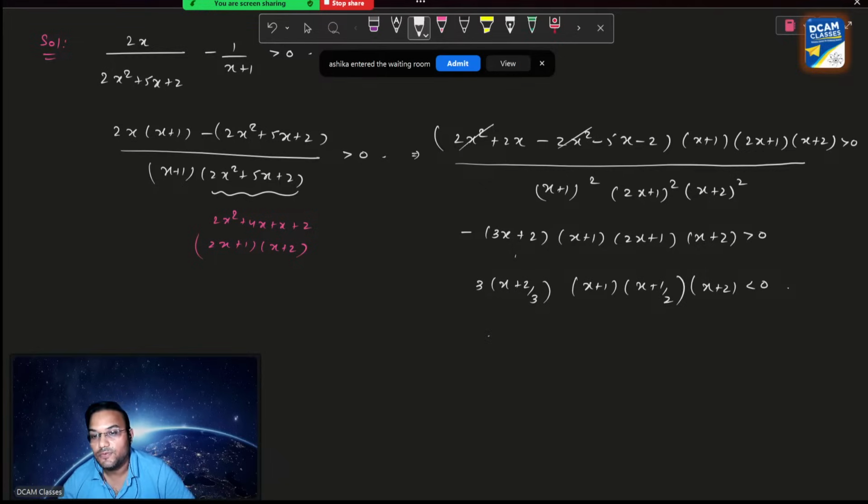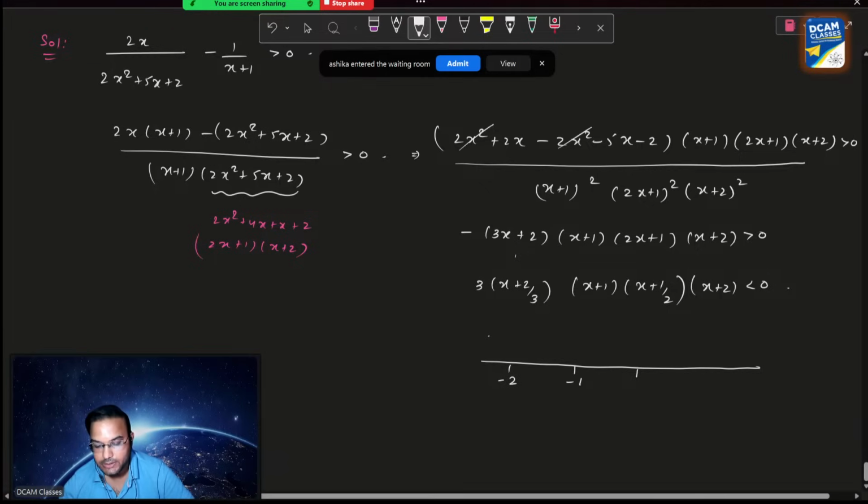So now if you draw the number line: minus 2, minus 1, minus 2 by 3, minus half. This is the correct order, no?